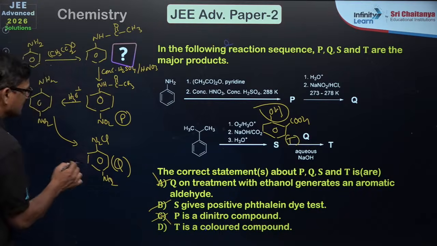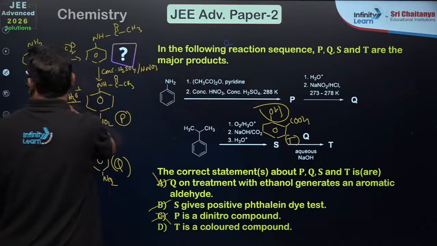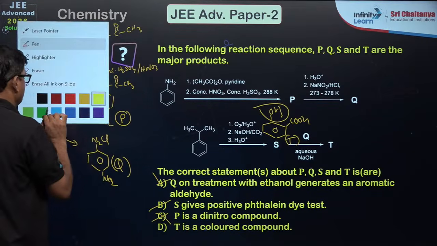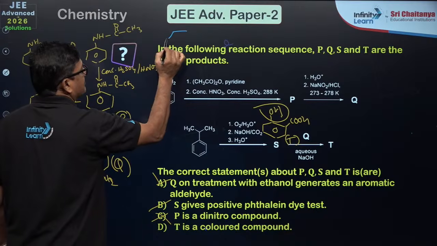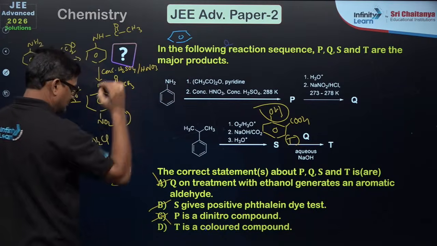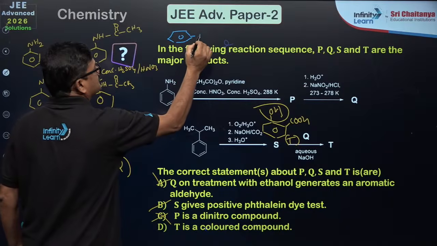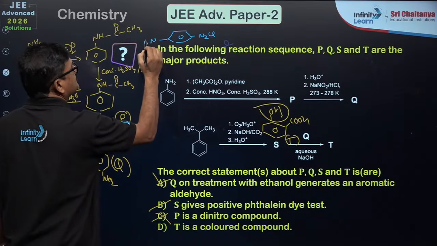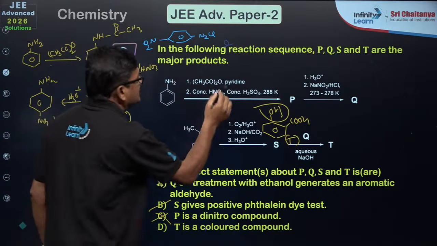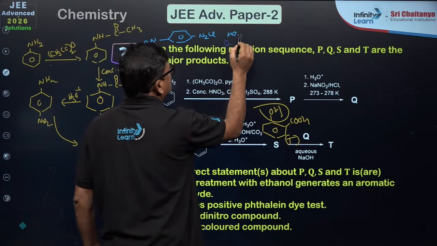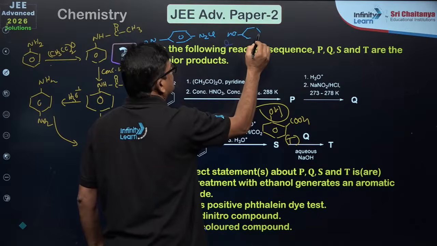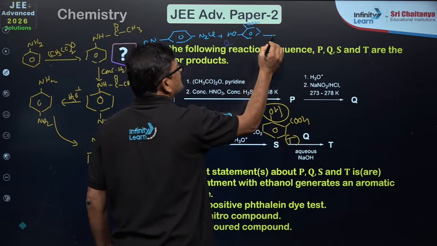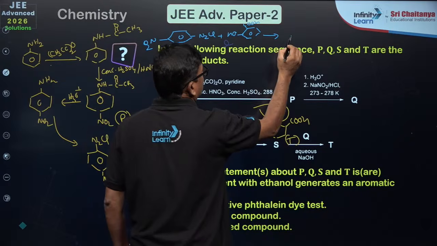You can see this diazo compound, this is your T, N2Cl and NO2, and you can see OH, COOH, and between these two a diazo compound is going to be formed.